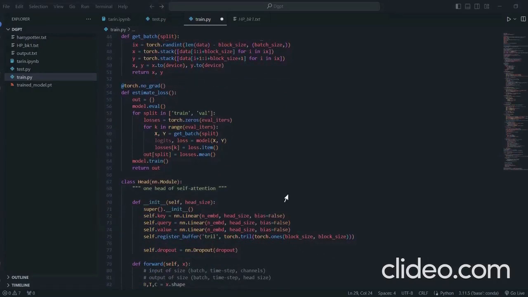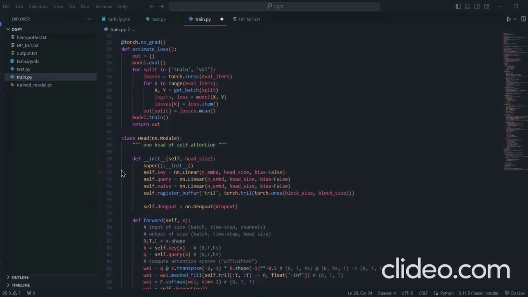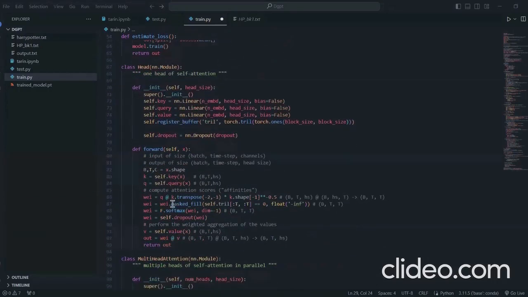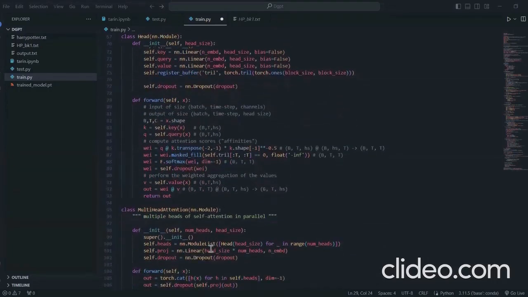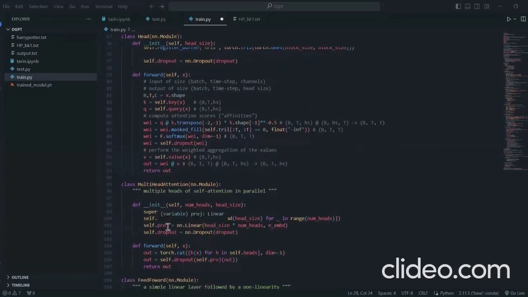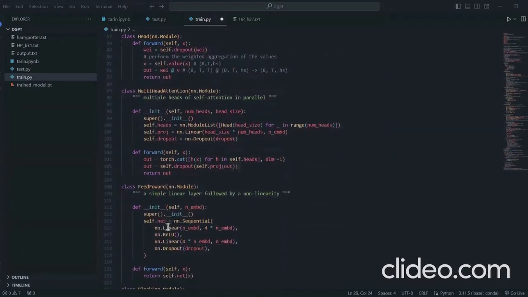The code begins by defining several classes that are fundamental building blocks of the transformer model. The first class, Head, represents one head of self-attention. It calculates the attention scores and performs weighted aggregation of values. Then the class is MultiHeadAttention, which consists of multiple heads of self-attention running in parallel.